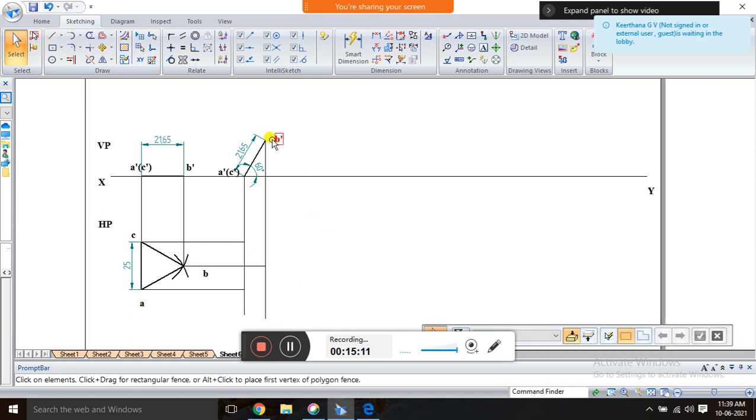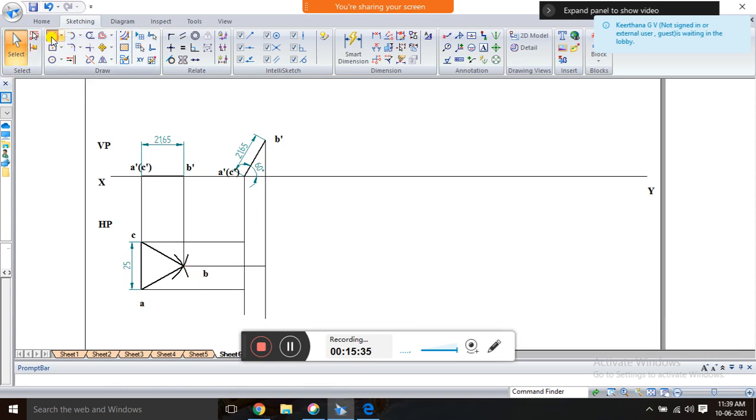With the help of a scale and pencil, first draw vertically from this front view towards this top view. Then project the top view to the right side. If you draw this, C dash should coincide with C, A dash with A, and B dash with B.